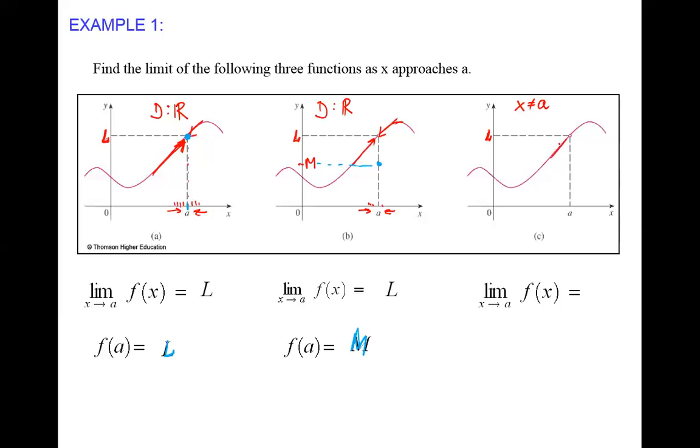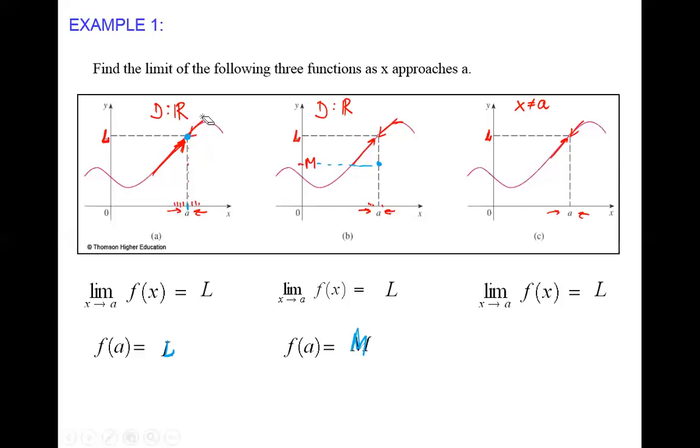It's again L. If you notice, the curve has the same shape as in the third one. That means the function does the same thing: L, L, and L. It doesn't really matter if we have a dot, or a dot somewhere else, or no dot at all; it's still the same shape of the function.